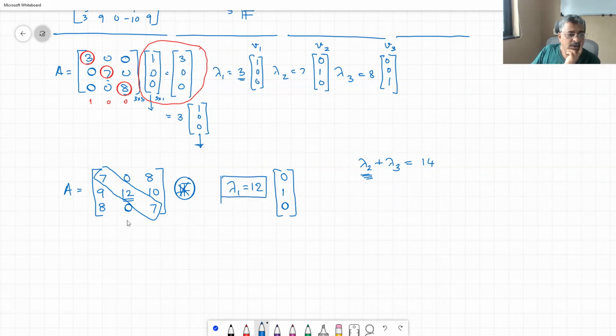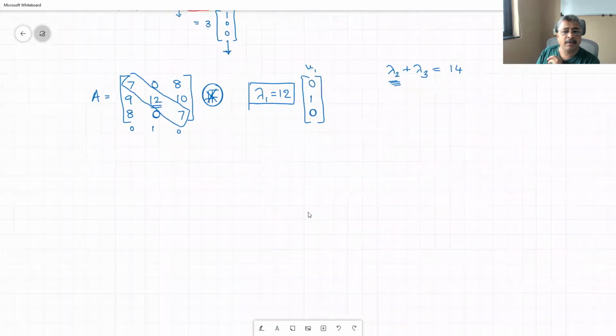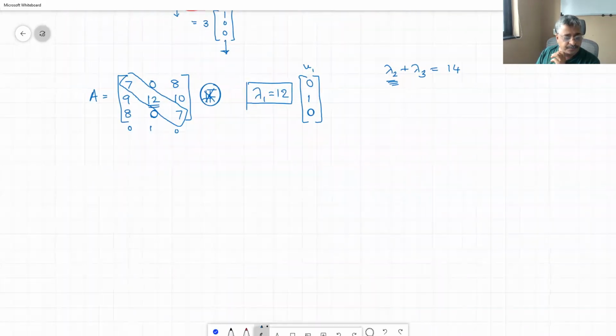Now, 0, 1, 0 will produce 12, 0, 12, 0, which is 12 times this eigenvector v. Okay, that is where we stop for this problem. Finding the remaining two is going to be difficult.